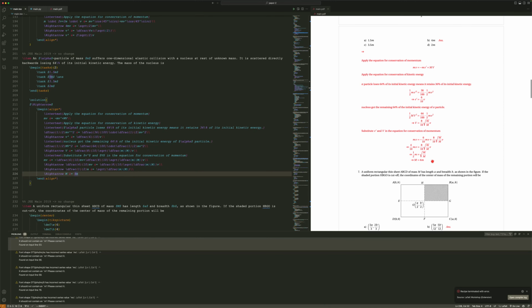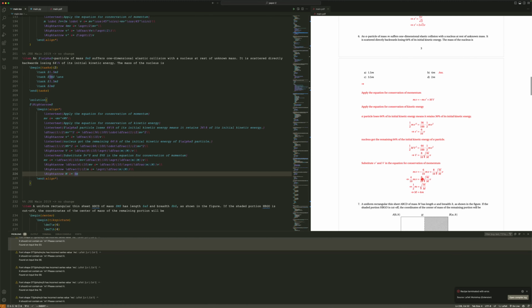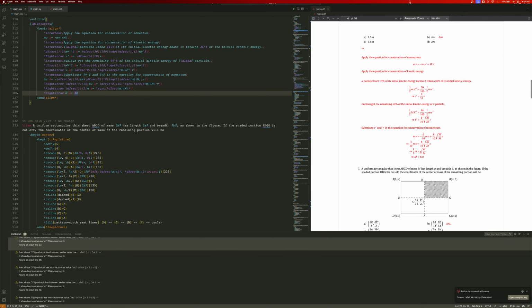Yeah, I think it's okay, but I'm not satisfied with this solution because it is too long. It should be much shorter. Let's keep it this way for right now, and later on we will revisit this one.